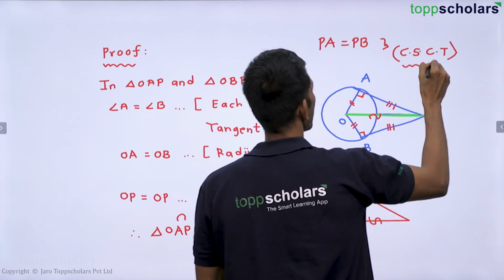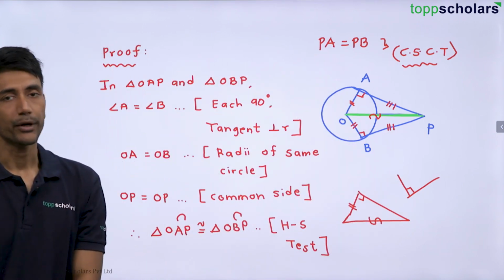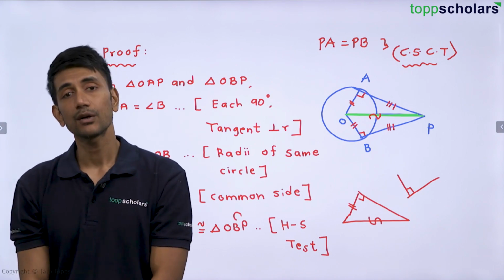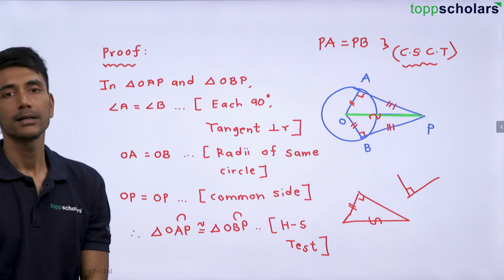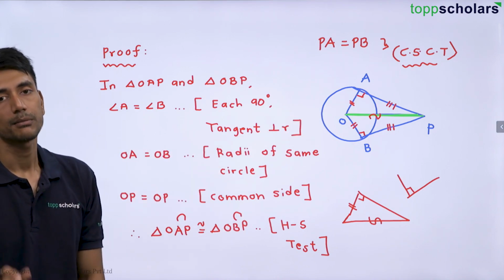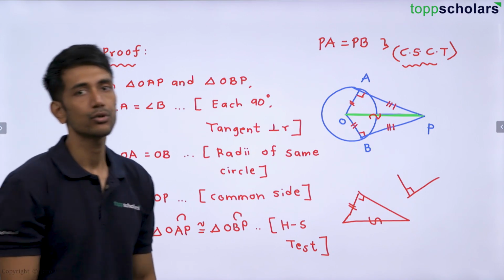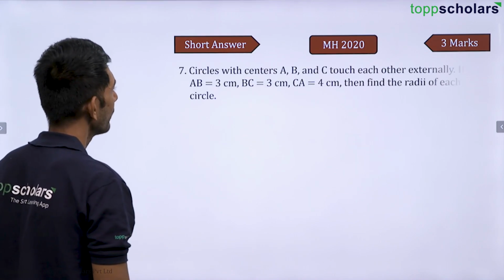And that's it. What does this mean? This means that the length of the tangent segments drawn from the external point to the circle are always equal. That means these two lengths, that is PA and PB, are equal. Correct? Which are the tangents drawn from the external point. I hope this is clear to all of you. Perfect. Let's continue. Let's have a look at a new question now.